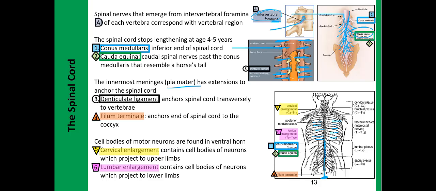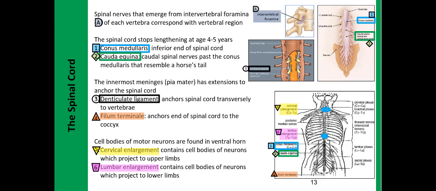The two other features of the spinal cord are enlargements that occur at the neck region, called the cervical enlargement, and another one that occurs at the lower thoracic region, but it's called the lumbar enlargement. These enlargements contain cell bodies that project to the limbs.